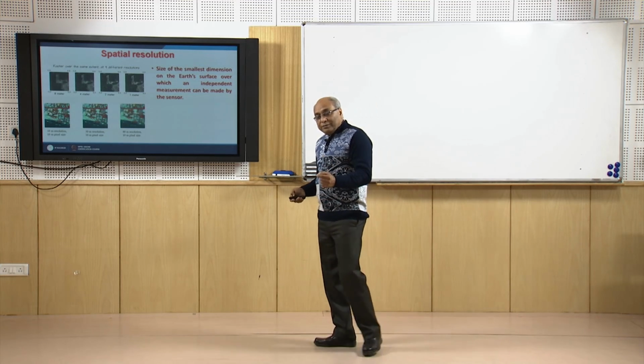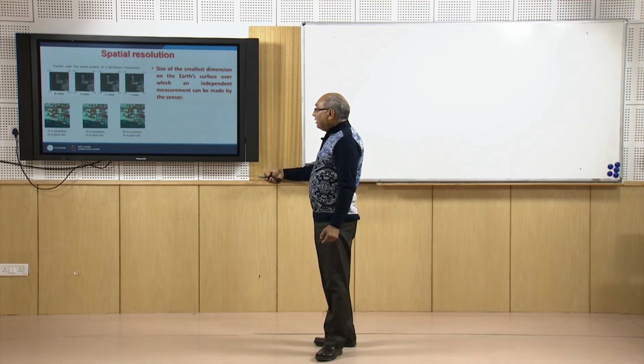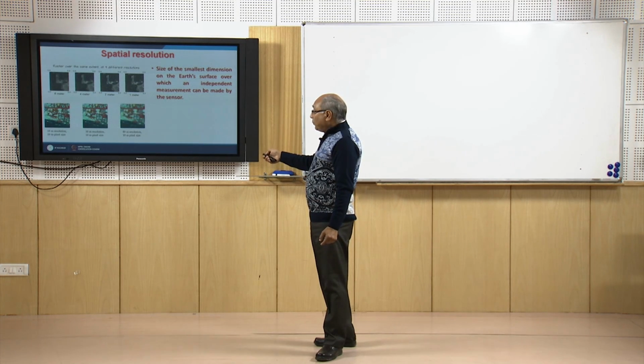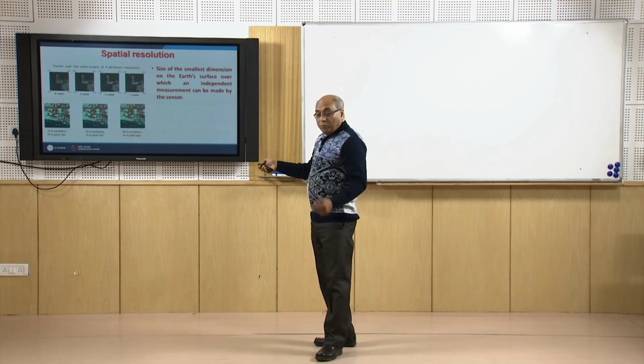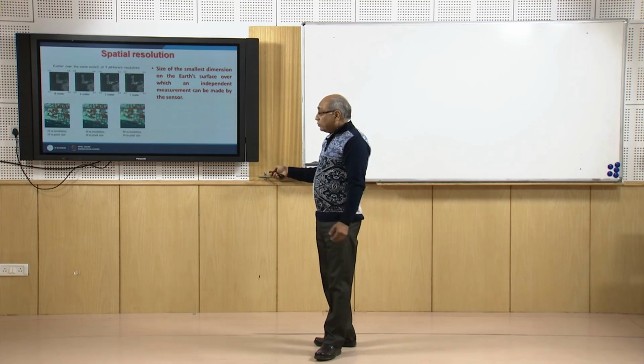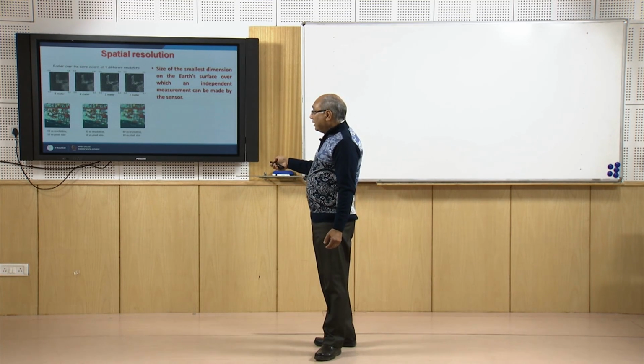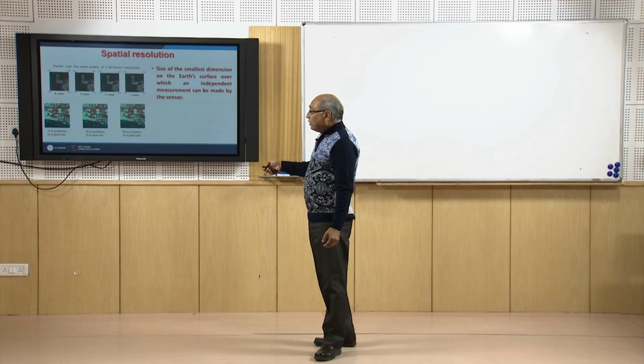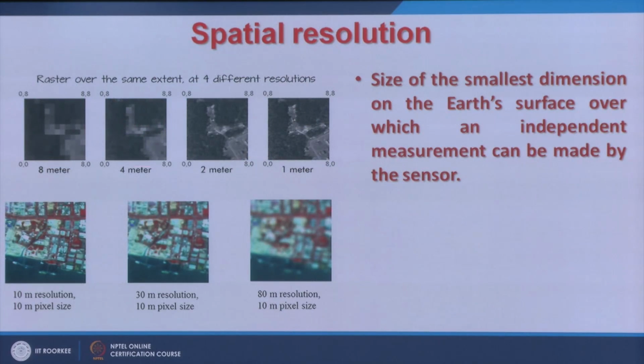Higher spatial resolution means a smaller value here, and more pixels in an image, more rows and more columns. Compared to 8 meter, in the case of 1 meter you will have 8 times more rows and columns, but the quality will improve significantly.